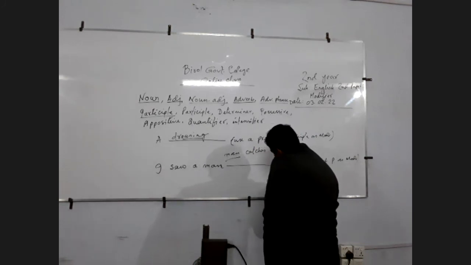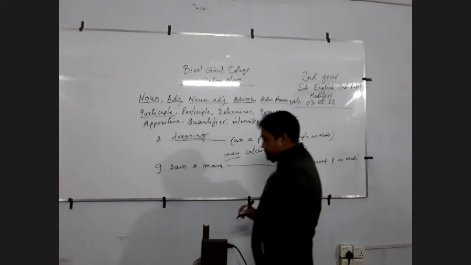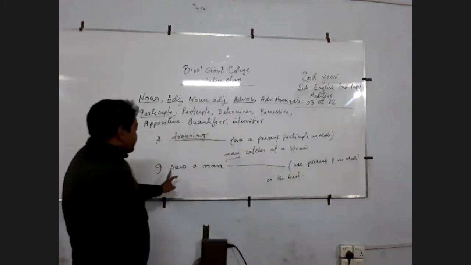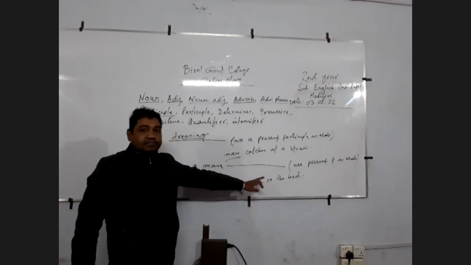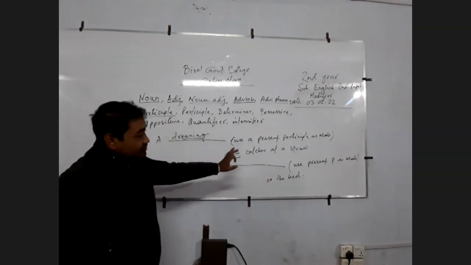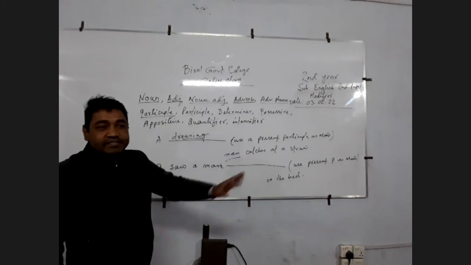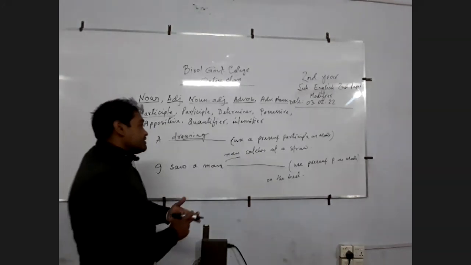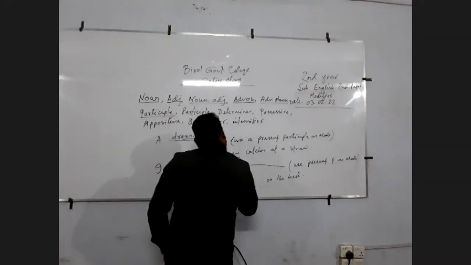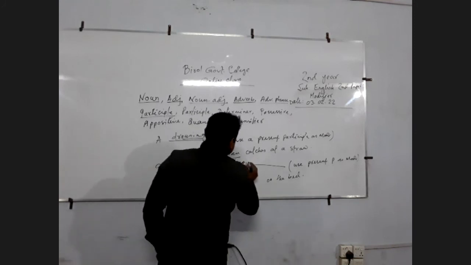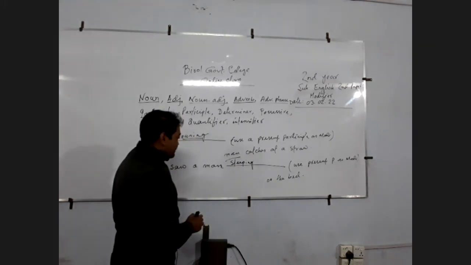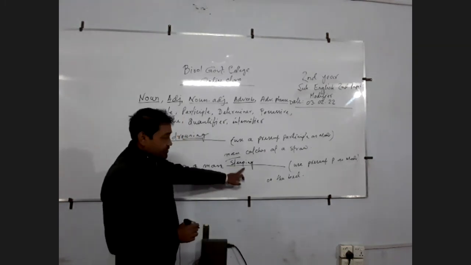So you have to use here present participle, meaning verb plus ing. So you can write sleeping. Sleep is a verb, and I added ing. I saw a man sleeping.